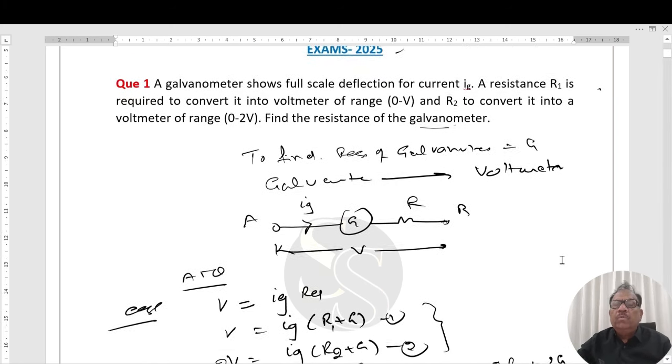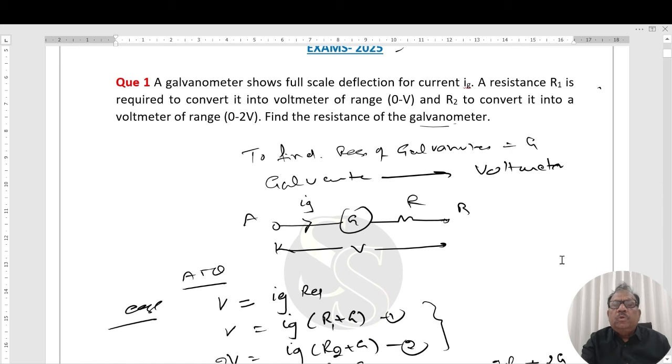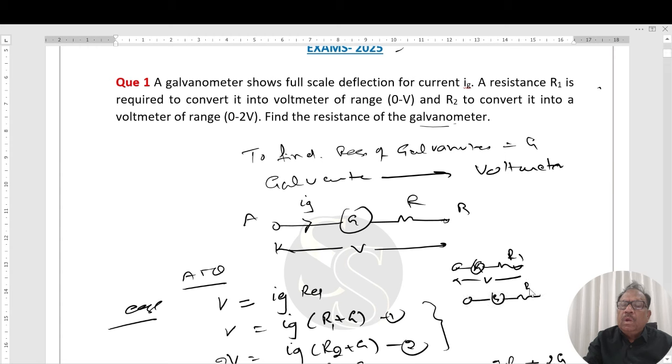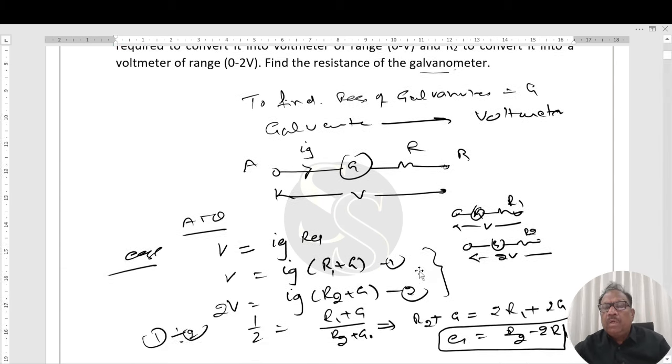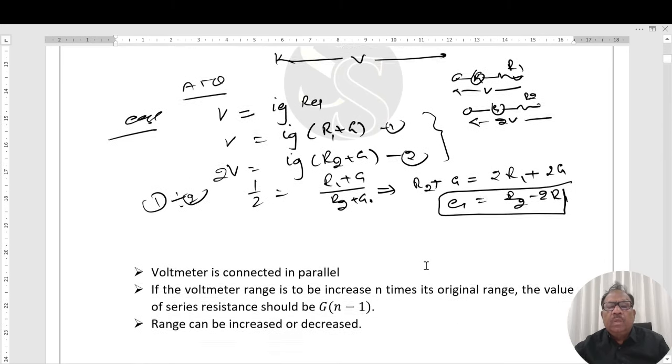What is the requirement of the question? A galvanometer shows full scale deflection of current IG. In the first case, this is the galvanometer, resistance R1, and voltage is V. In the second case, this is the galvanometer, resistance R2, and voltage is 2V. Apply this concept, and we get the answer.